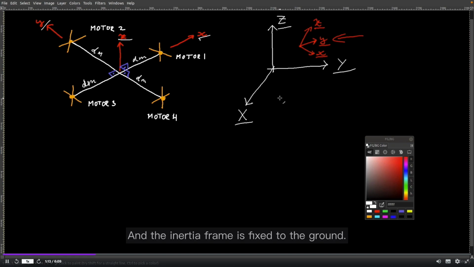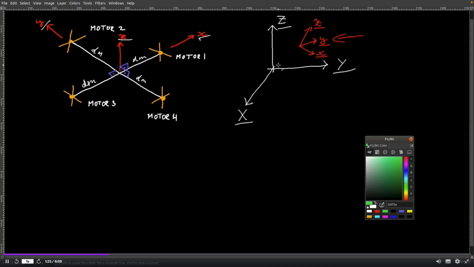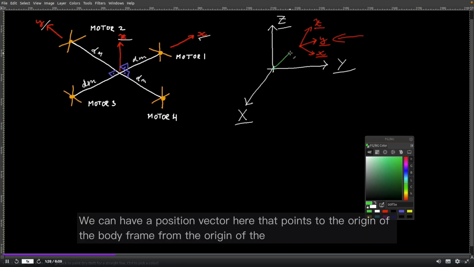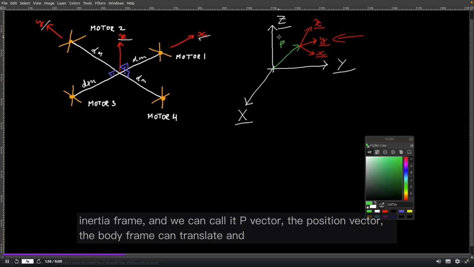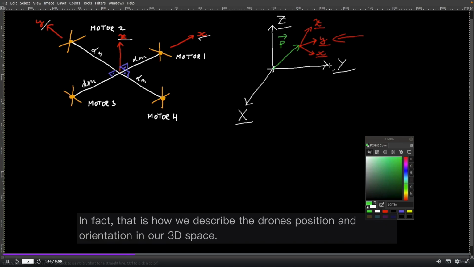The inertia frame is fixed to the ground, and we fix the body frame to the drone. To determine the position of the body frame within the inertia frame, we can have a position vector that points to the origin of the body frame from the origin of the inertia frame. We can call it P vector, the position vector. The body frame can translate and rotate within the inertia frame. In fact, that is how we describe the drone's position and orientation in our 3D space.